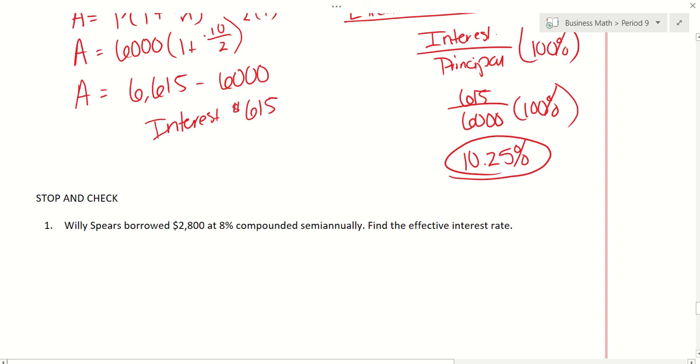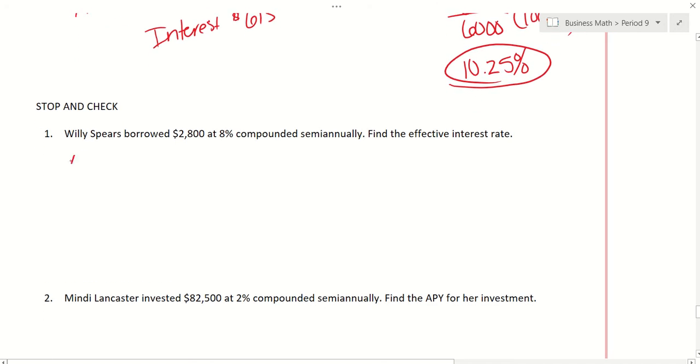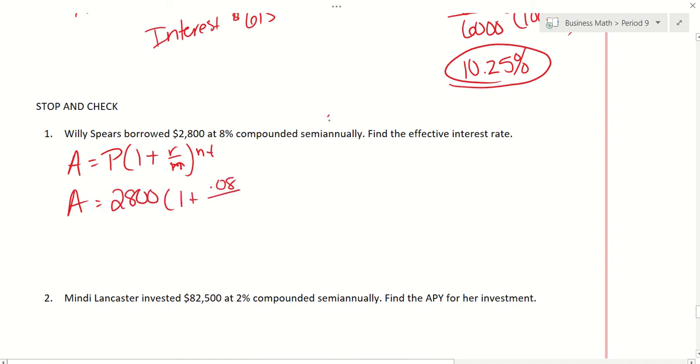Okay, first stop and check. Find the rate. First of all, we need to start off by finding how much this loan will be after it's compounded 1 year. So we've got $2,800 times (1 plus 0.08 over 2) to the 2 times 1, since semi-annually means 2.